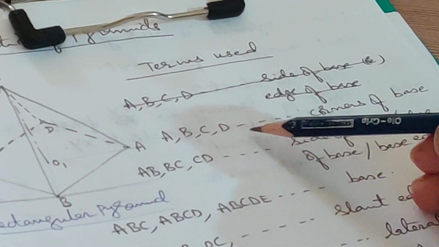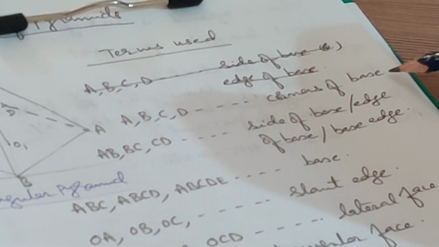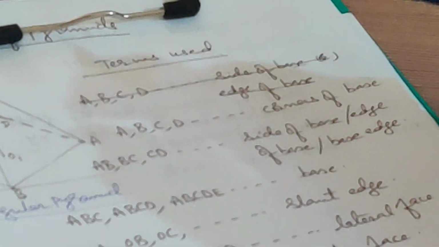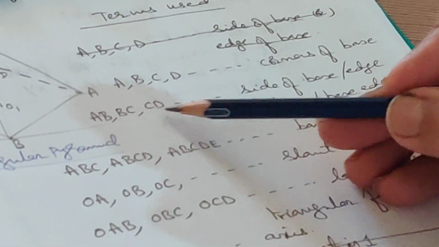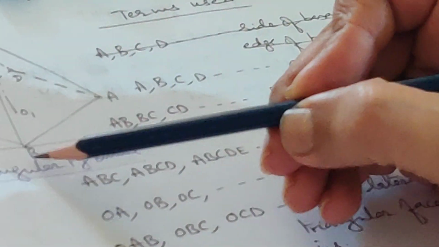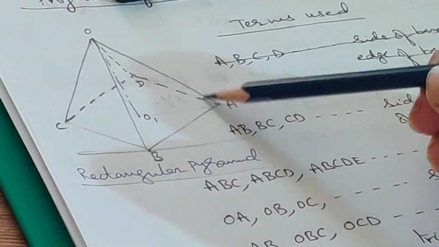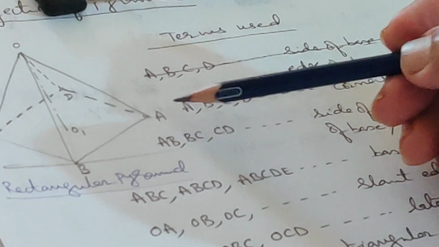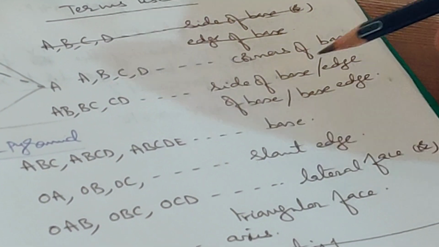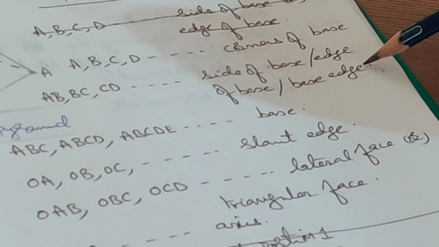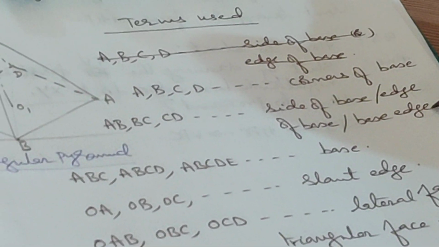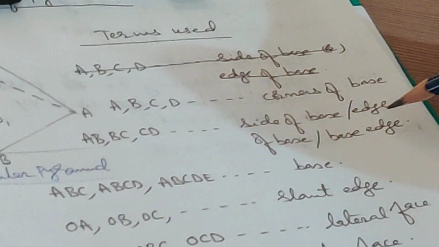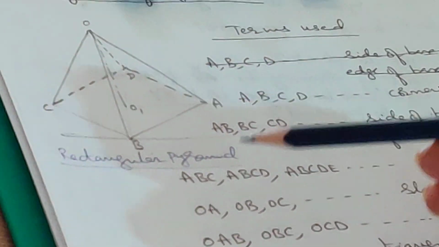First, A, B, C, D are called corners of base. Next, AB, BC, CD and DA are called sides of base, or edge of base, or shortly base edge. That is the second term. The third term is the base itself.